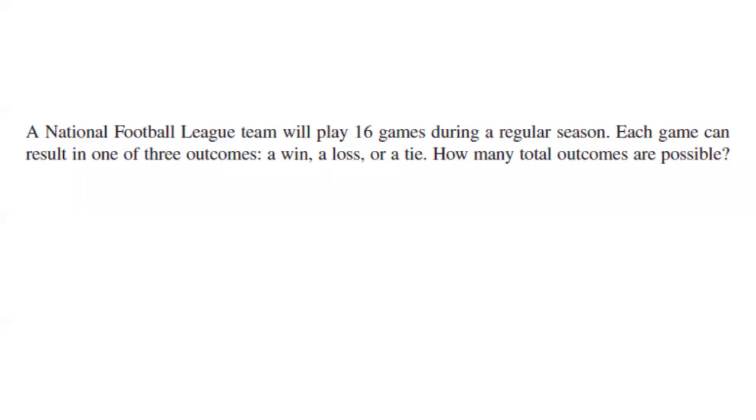Okay, for the specific team, to finish the whole task, there are 16 steps, right? So if there are steps, we can consider using the rule of product. So for each step, how many different ways can we finish each step? We can have a win, a loss, or a tie, right? So that means the total number of outcomes, which means the total number of ways we can finish the whole task, is first step 3, second step 3 ways, third step 3 ways.